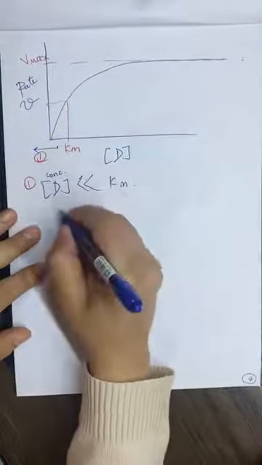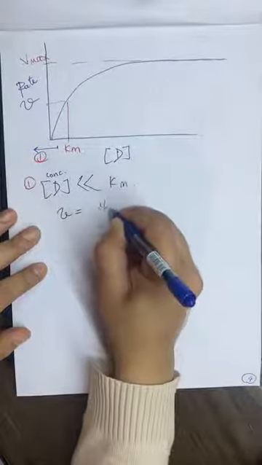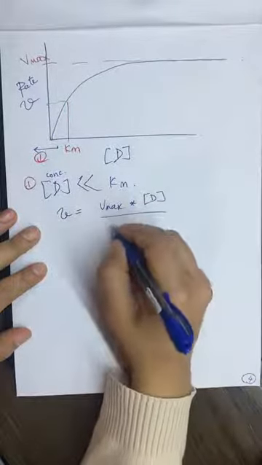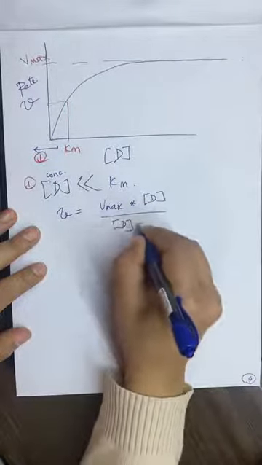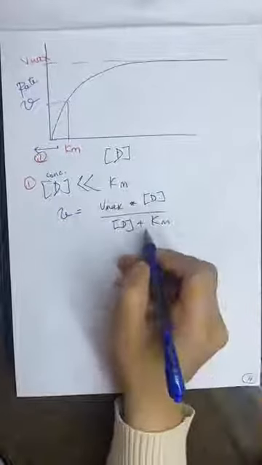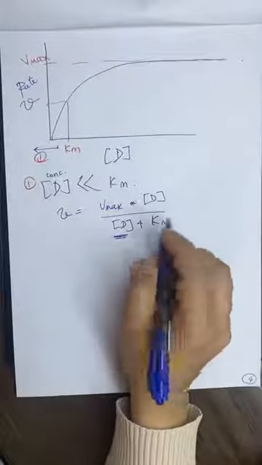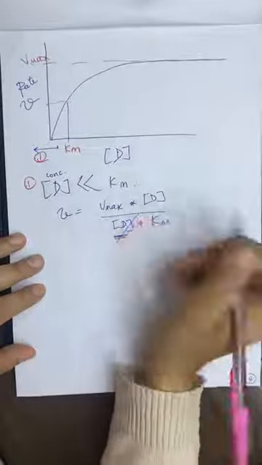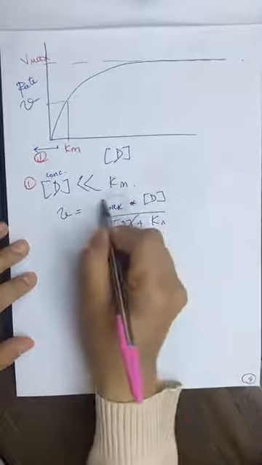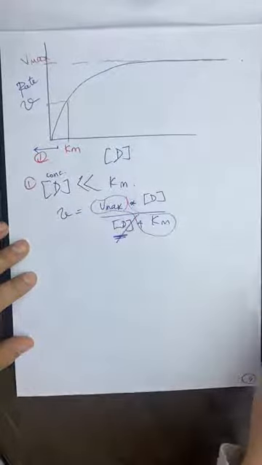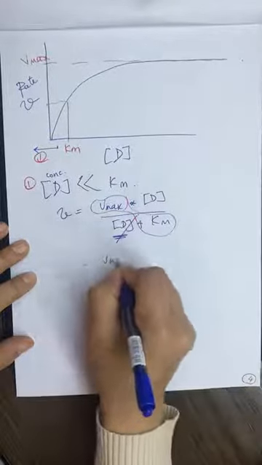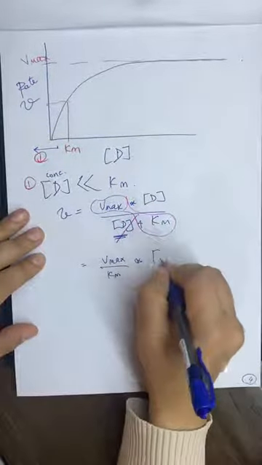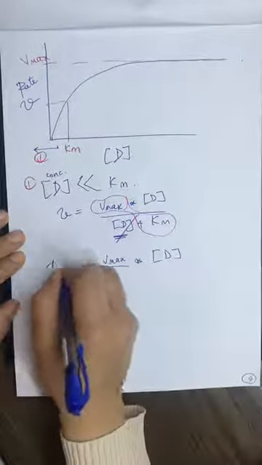In this case, if we write the equation, rate equals Vmax, okay, if the concentration is very low compared to Km, so I can take this out. Accordingly I will have Vmax over Km multiplied by the concentration, and that equals the rate.